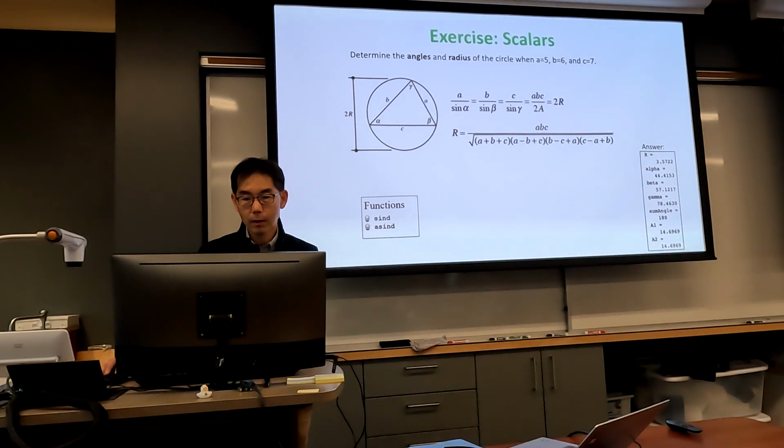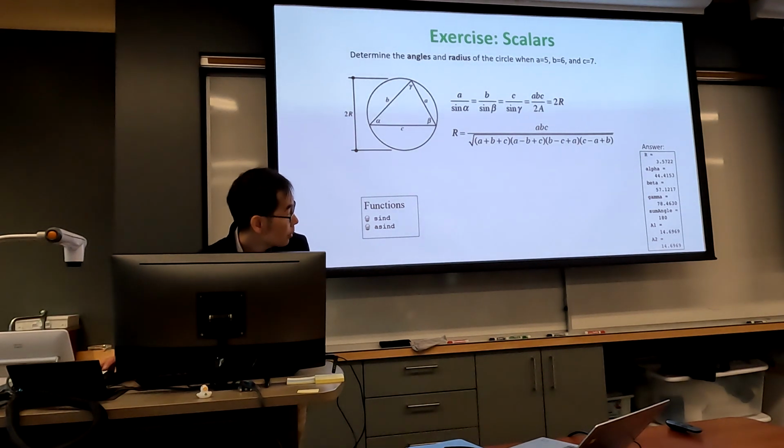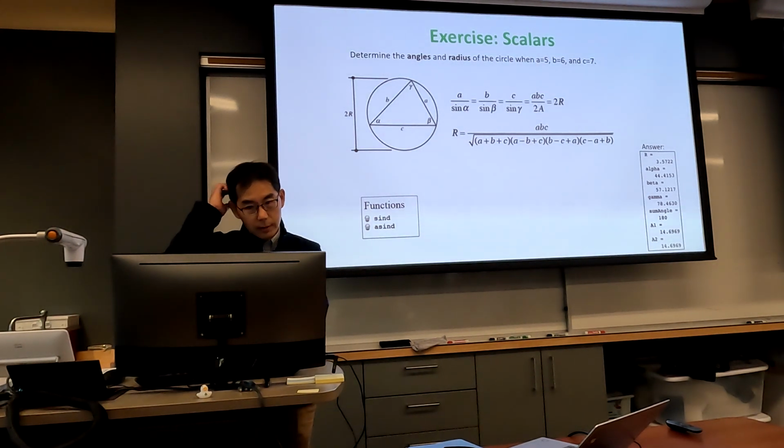Now I think I typed everything, so I start to run. So my R is 3.572. Yes, I typed correctly.